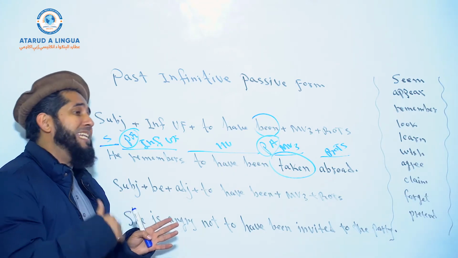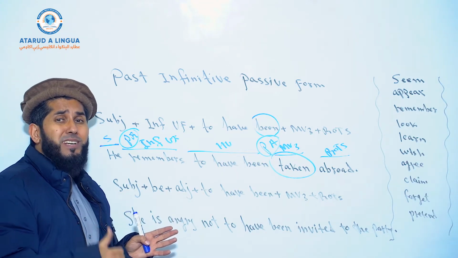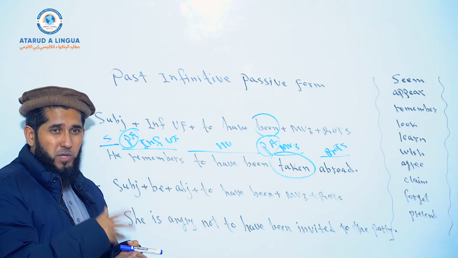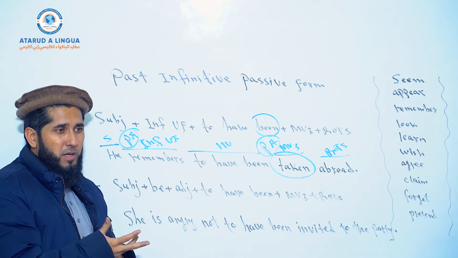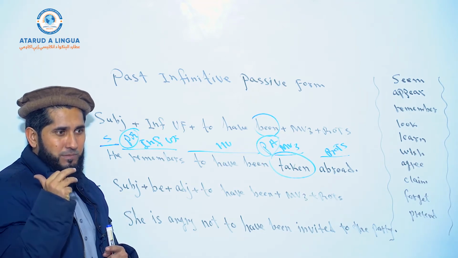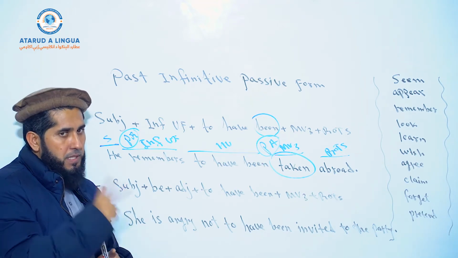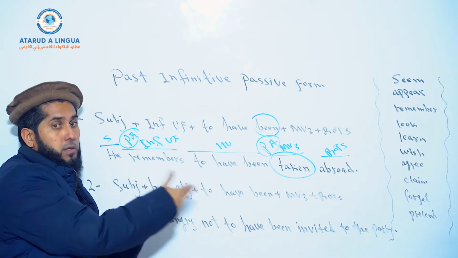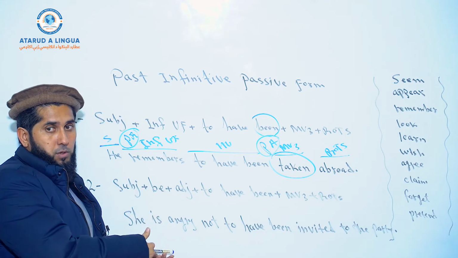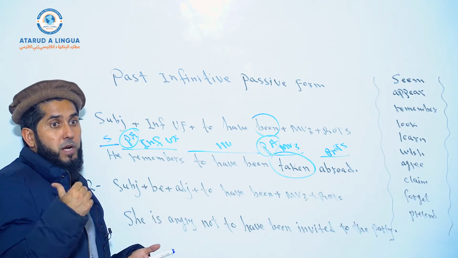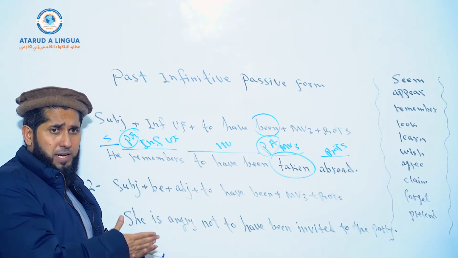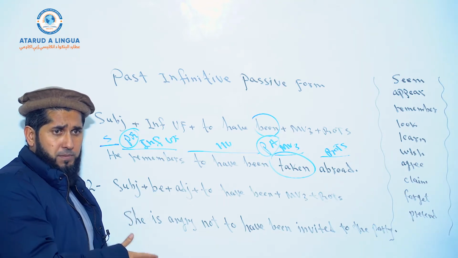Because the idea is that someone did something in the past, okay, and now at present time that person is either happy about what he did in the past, or worried about what happened to him or her, right? Because it's passive form, right? Or, for example, something happened to somebody and now that person is proud of it or happy about it or excited about it or worried about it or nervous about it.